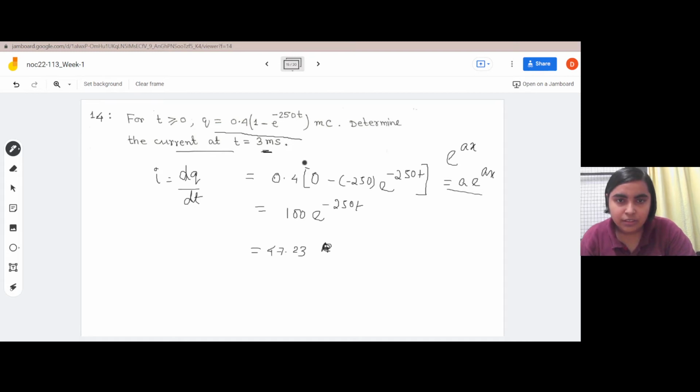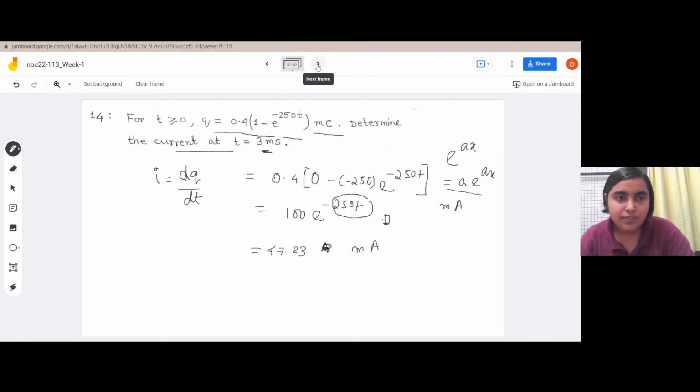Since it is given in millicoulomb here, the unit is millicoulomb, so milliampere, right? Okay, fine. Because the millisecond is in the power, 250 times t, and t is not multiplied anywhere here, so the current will be in milliampere.